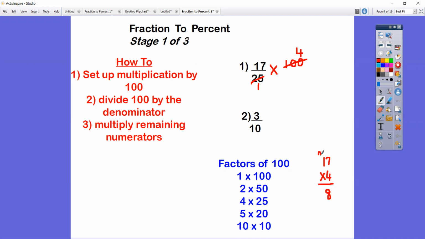Carry a 2. 4 times 1 is 4, plus 2 is 6. So 17 times 4 would be 68. Our denominator is 1. So that's how come we don't make a big deal out of it. Our final answer is 68%.